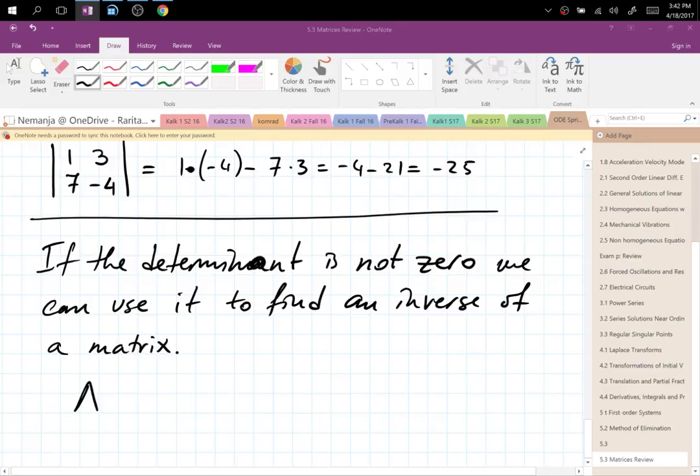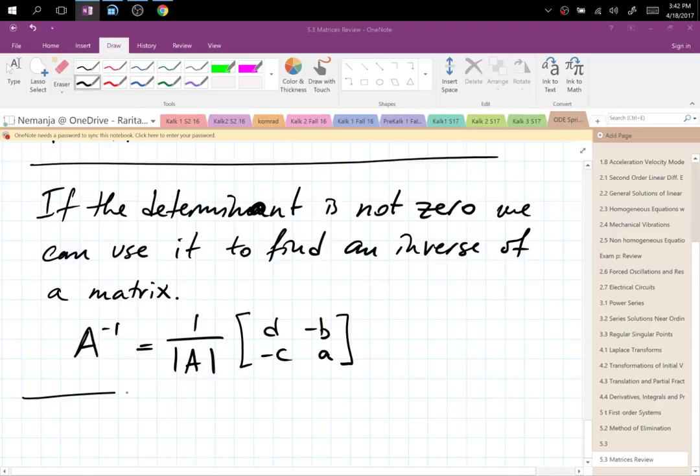So A inverse is going to be 1 divided by the determinant of A times D, negative B, negative C, and A. So that's the definition for the inverse.